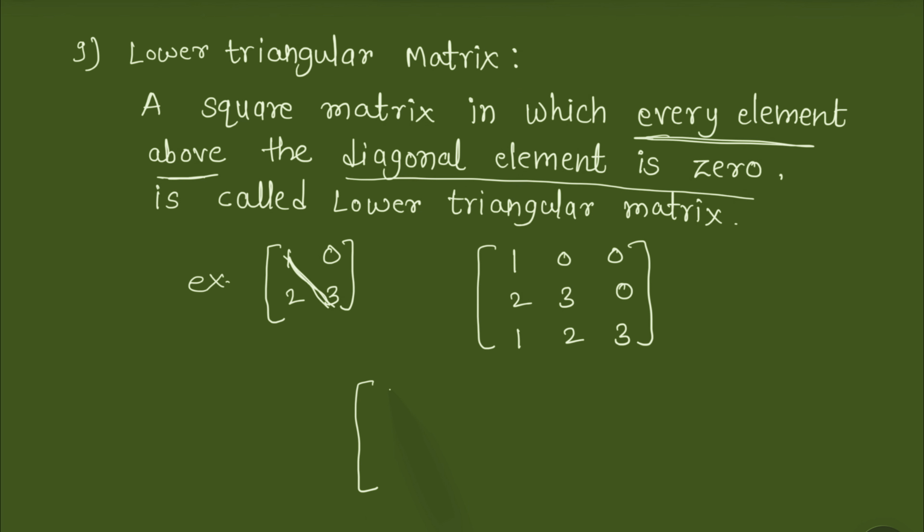Another example: 11, 0, 0, 0, 12, 0, 13, 14, 15. These are all lower triangular matrices where all elements above the diagonal are 0.